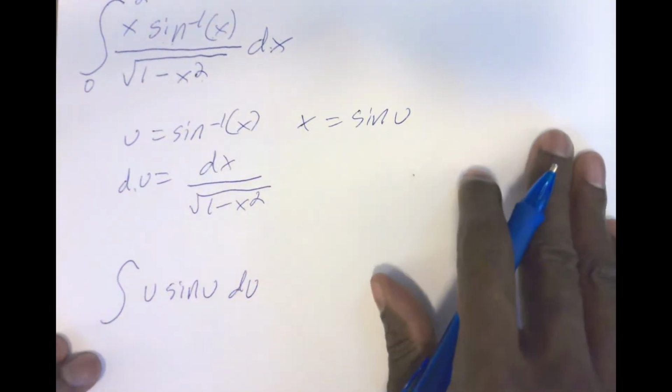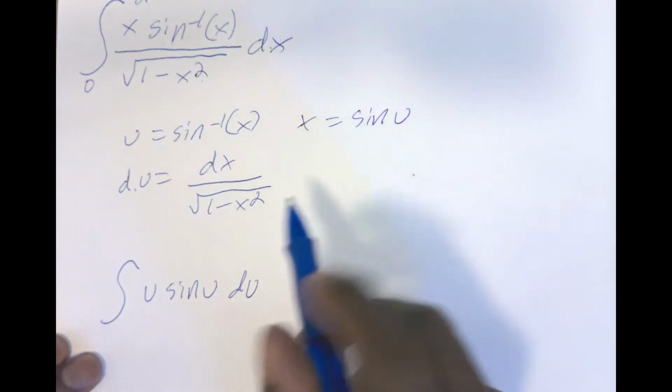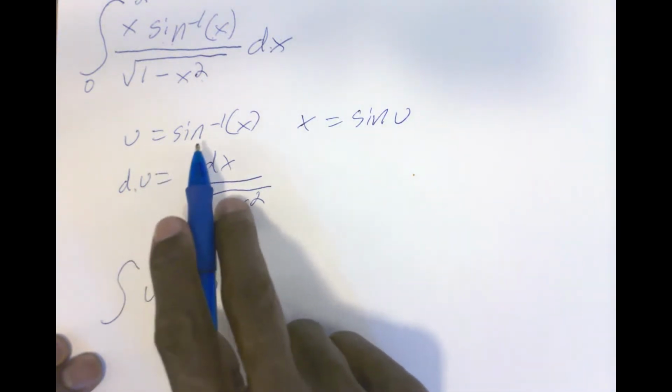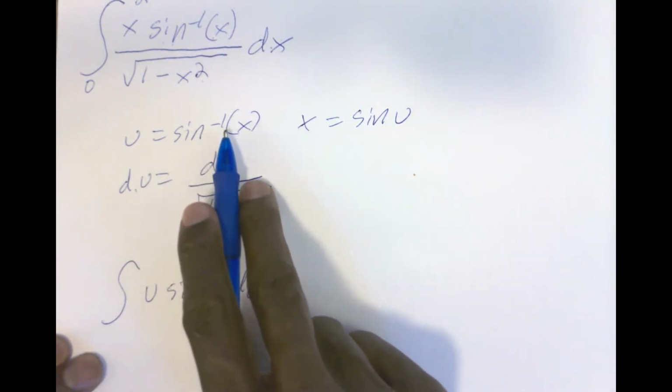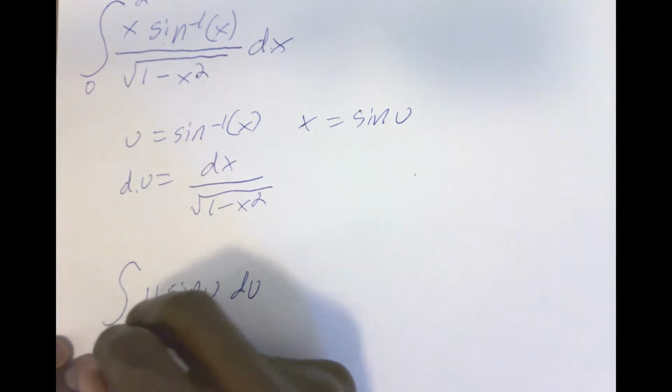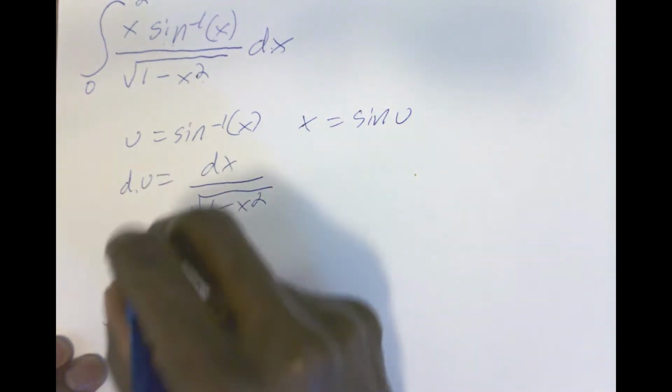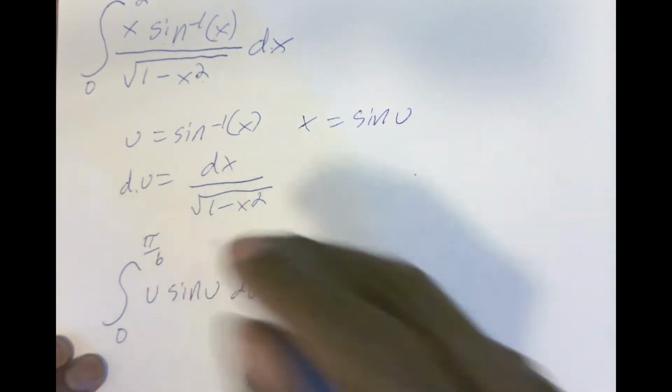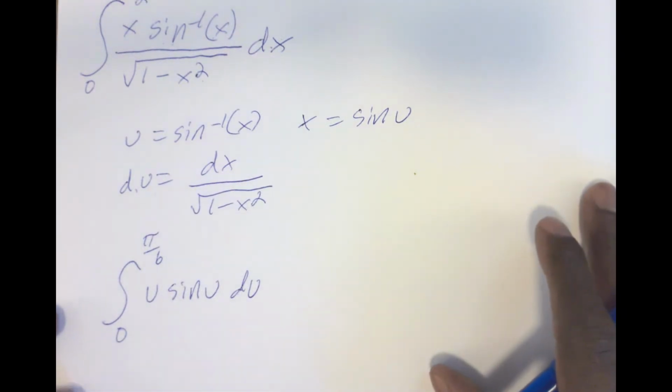I want to change variables. What's u? u is the arc sine of x. So the arc sine of 0 is 0, and the arc sine of 1/2 is pi over 6. All right, so this looks like an integration by parts guy here.